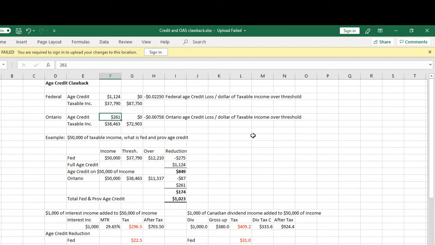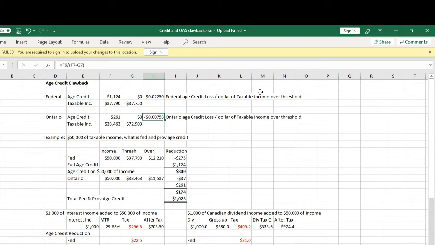So in Ontario, you get $261 of age credit up until taxable income surpasses 38,463. And then it's completely gone once taxable income surpasses 72,903. So you lose basically three-quarters of a cent of credit for every dollar over 38,463.